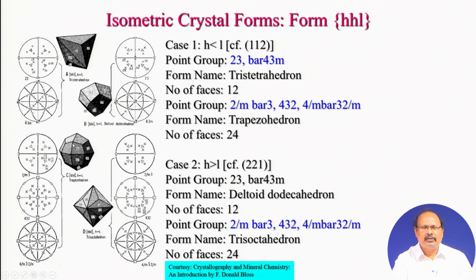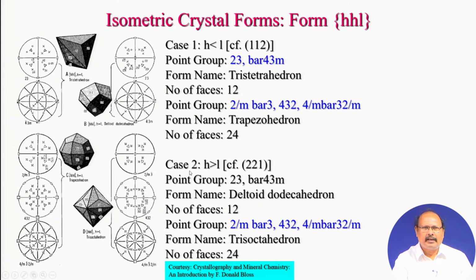So, these are essentially the trapezohedron faces here. These are the triads, and this is the position of, in this particular case, the two-fold axis of symmetry, in this case the 4-fold axis of symmetry.